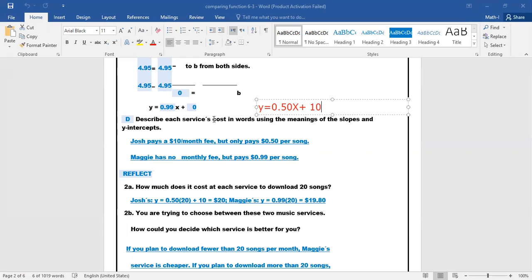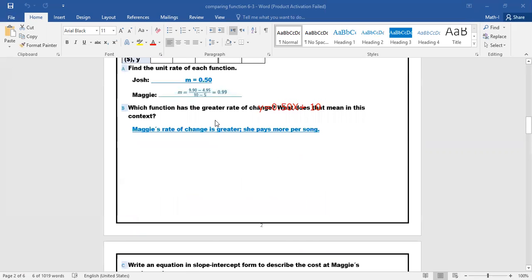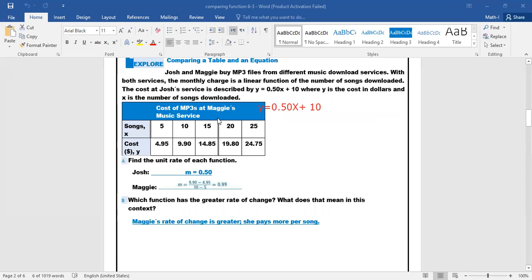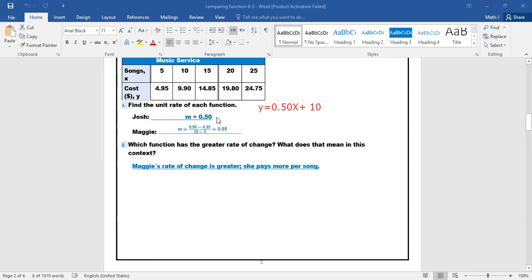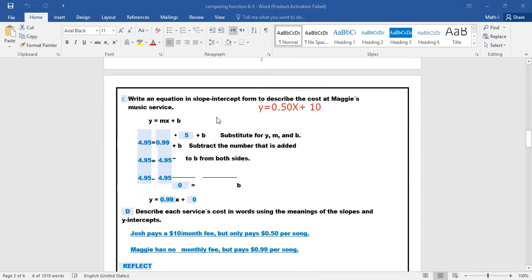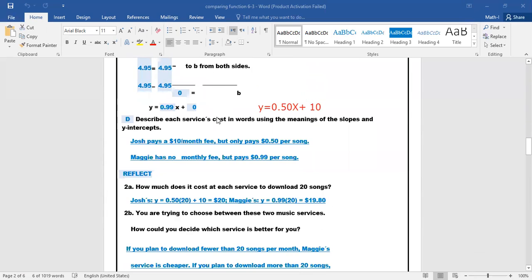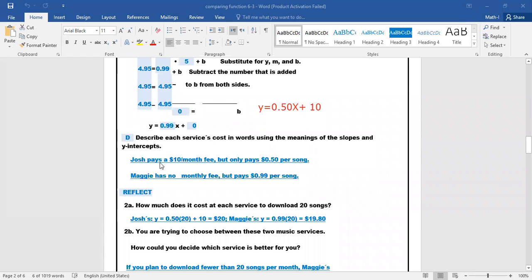Describe each service cost in words using the meaning of the slope and the y-intercept. So we want to translate the meaning first. For Josh it was 0.50x plus 10, so Josh pays a $10 monthly fee.